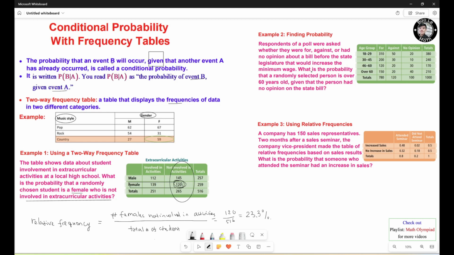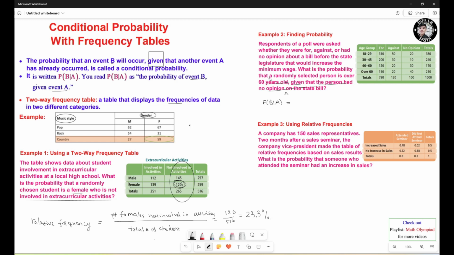What is the probability that a randomly selected person is over 60 years old, given that the person had no opinion on the state bill? So we're going to call this event A and this event B. Alright, so we need to calculate the probability of B given A.